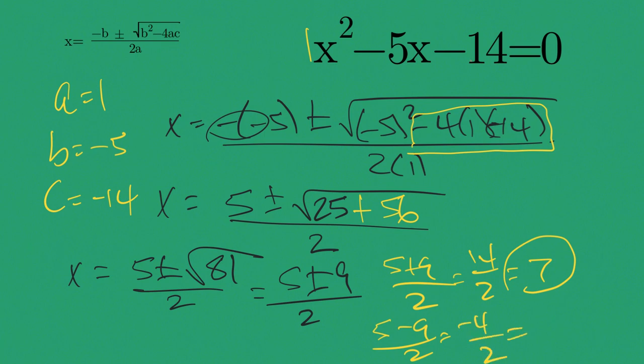What's negative 4 divided by 2? Negative 2. There's our other answer. That's where that plus minus comes in. That plus minus symbol is what's going to provide the two answers. So 5 plus 9, 14 over 2 is 7. 5 minus 9, negative 4 divided by 2, negative 2.